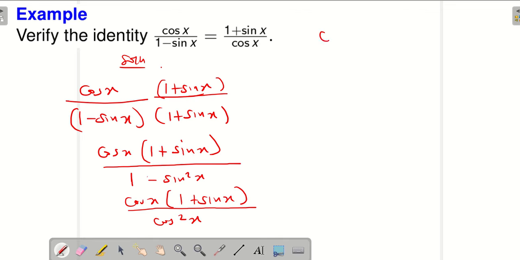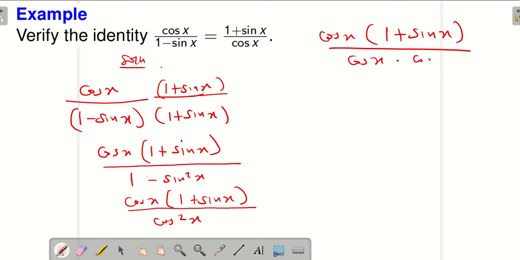And we know that cos squared x is the same as cos x times another cos x, and we can cancel one of the cos x. So we are left with 1 plus sine x all divided by cos x. And that is the answer to the question.